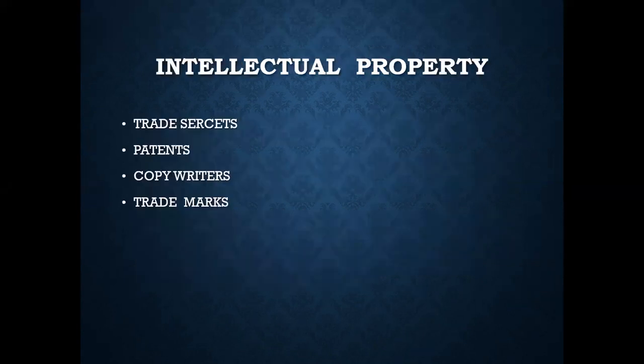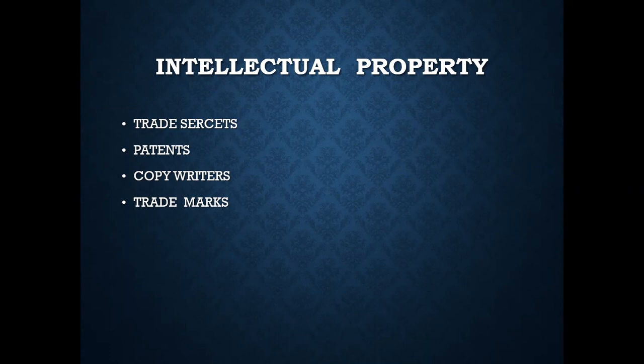The other thing you want to take into consideration when you are a business is to think about your intellectual property. And intellectual property is anything that actually comes out of your mind, that you create from your mind. Now, there are more than 4 types, but I'm going to talk about 4 of the major ones.